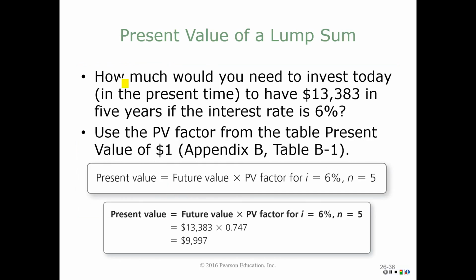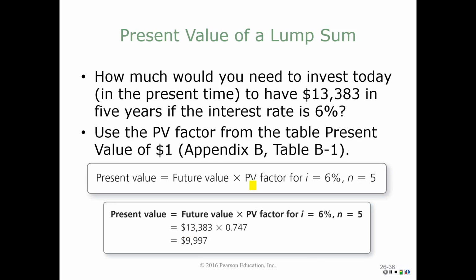If you want to know how much you would need to invest today to have the $13,383 in the future, and we know that we've got 5 years and our interest rate is 6%, we go to the present value table in Appendix B. You can go there if you would like. It's Table B1, and I want to know the present value, and I'm basing that on the future value of $13,383.